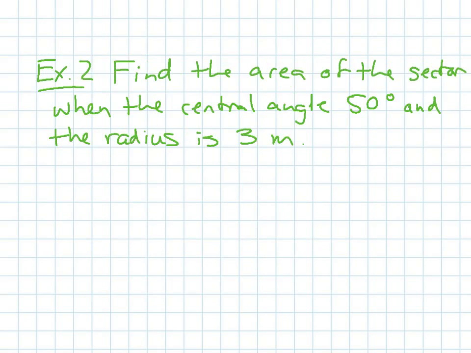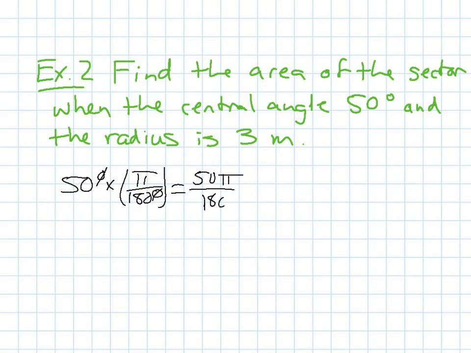Next one, I want to find the area of the sector when the central angle is 50 degrees and the radius is 3 meters. Same thing, I need to change 50 degrees into radians. So pi over 180 needs to be multiplied by 50. The degrees cancel each other out. I multiply across, which gets me 50 pi over 180.